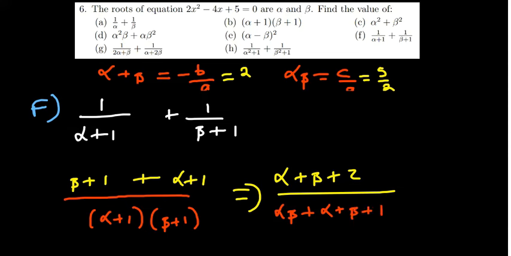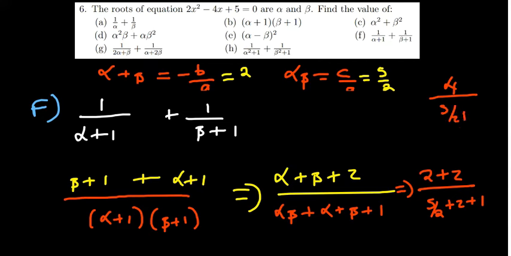For alpha plus beta, we have 2 plus 2. In the denominator, we have alpha beta, which is 5 over 2, alpha plus beta is 2, plus 1. So you have 4 over 5 over 2 plus 3. You can simplify that a bit.